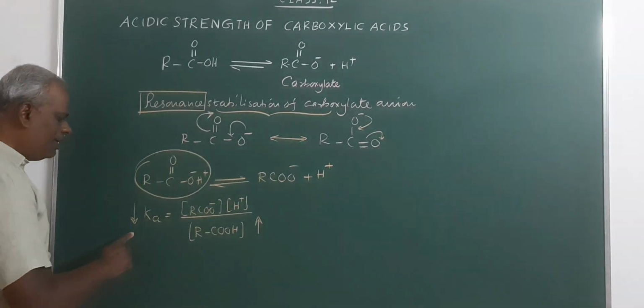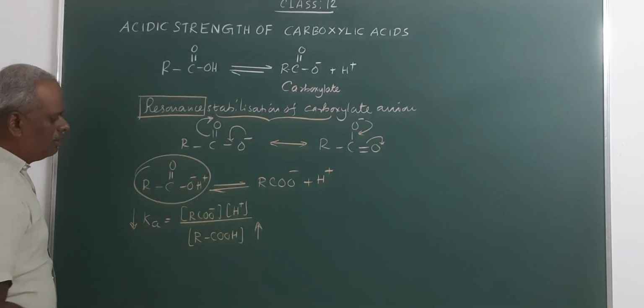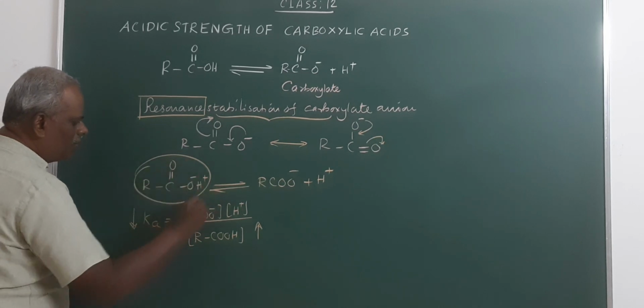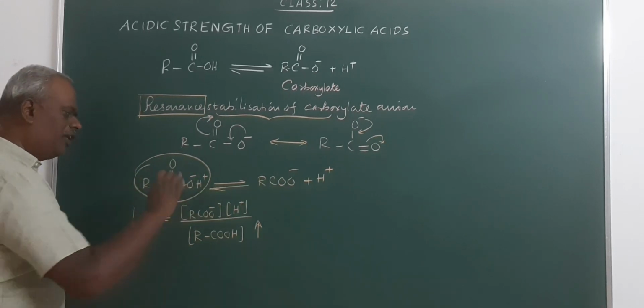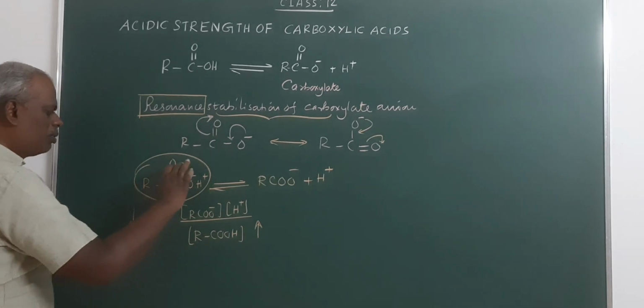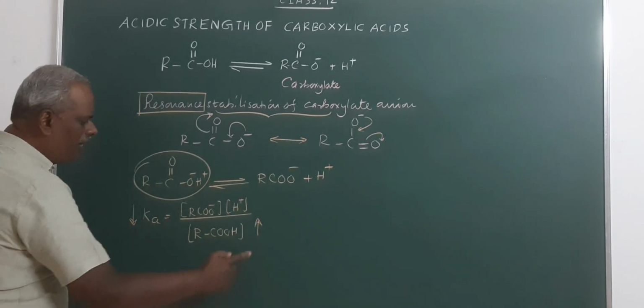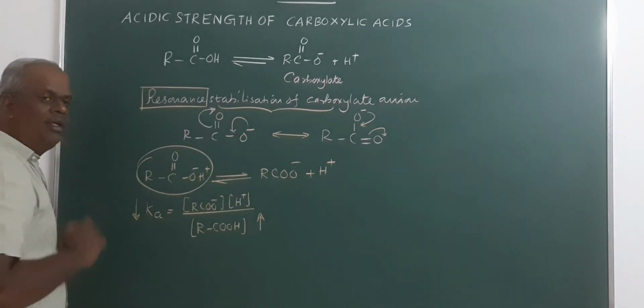So Ka decides whether the acid is weaker or stronger. I repeat, when the undissociated molecules are maximum, if it is poorly dissociated, we can say it's a weaker acid. The concentration of this molecule will be greater, and when the denominator increases, Ka will be lesser.